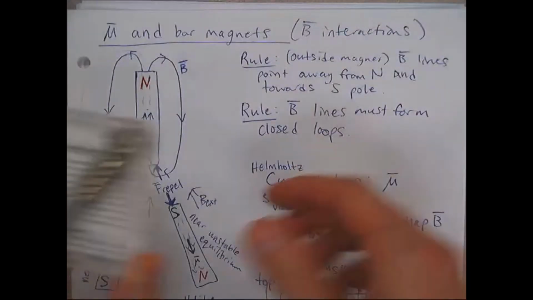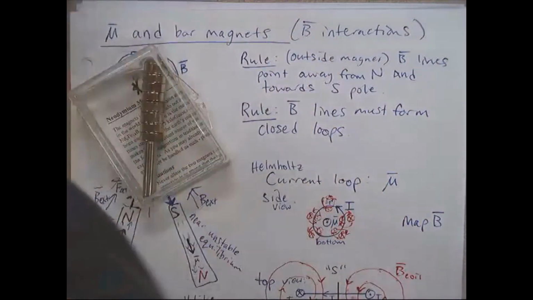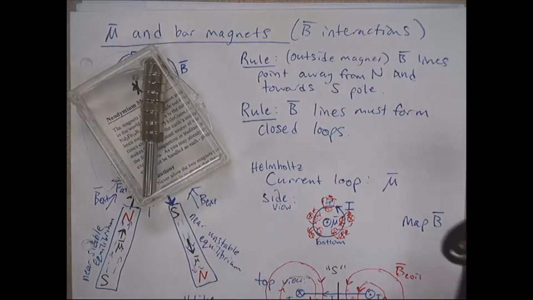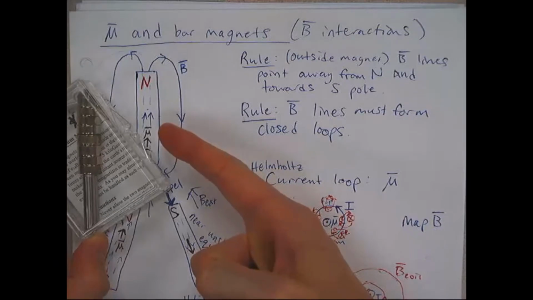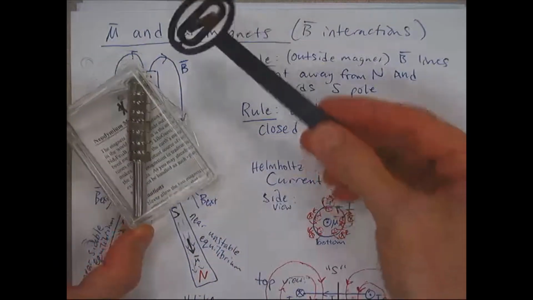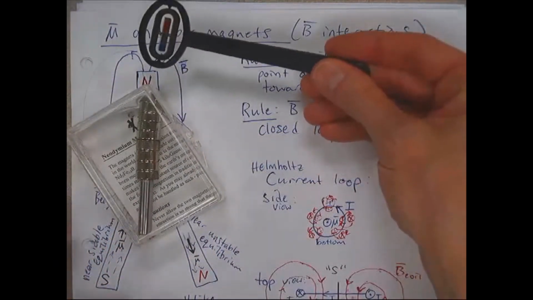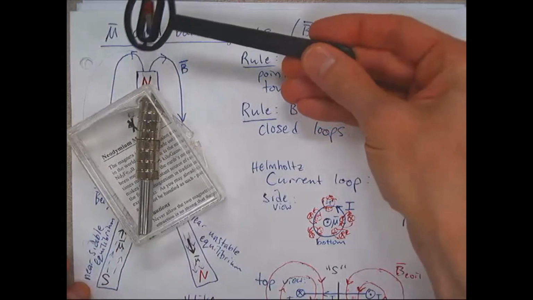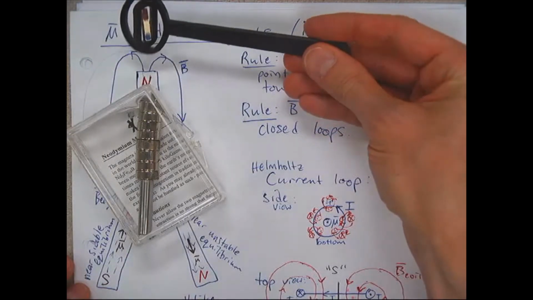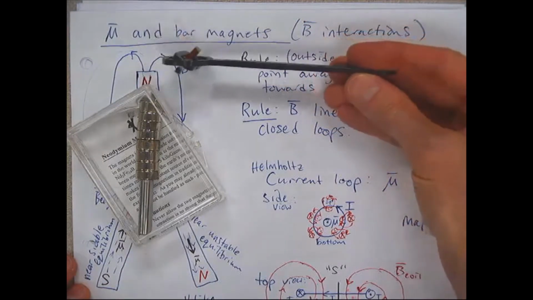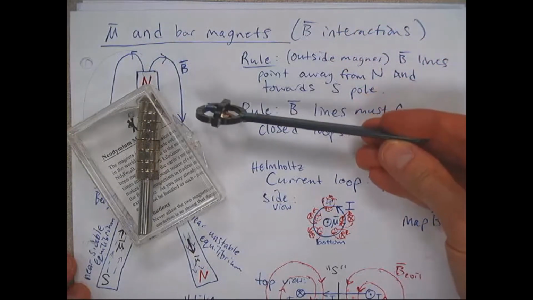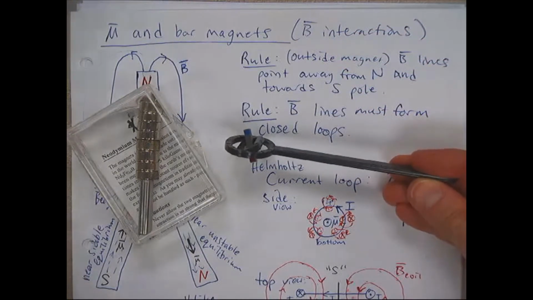If this stack of neodymium magnets is acting as the source of our external B field, you can see here our MagneProbe, small bar magnet, is responding to that field.